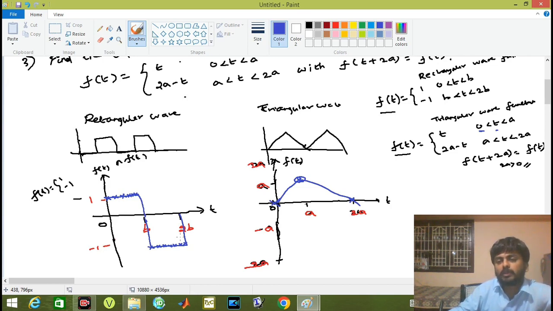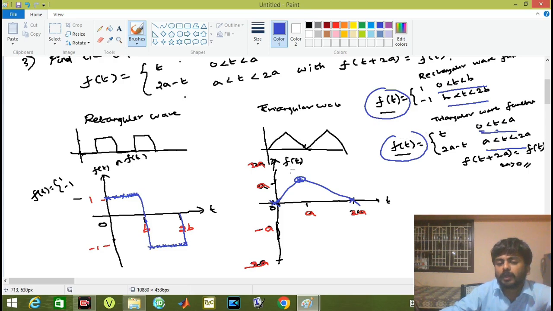Even though the function f of t looks similar based on the intervals, you have to substitute and find the values, and you have to draw in order to confirm whether they are rectangular wave or triangular wave.